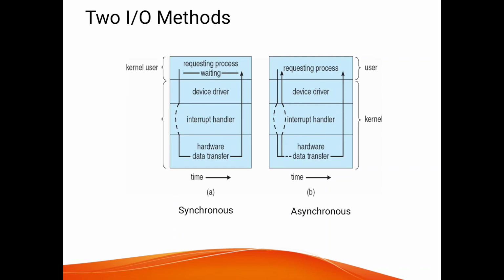The hardware data transfer is then given to the waiting requesting process. But in asynchronous mode, the requests are handled in parallel at the same time, and the other processing is also executed.